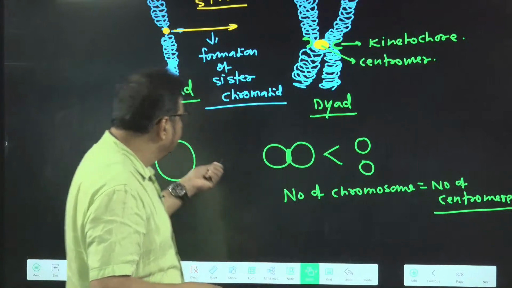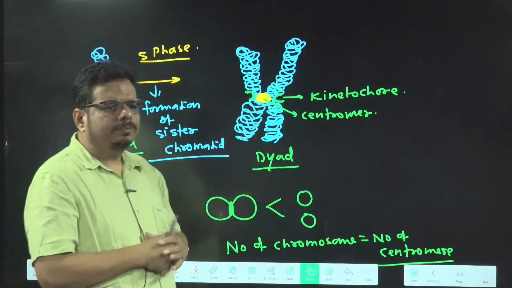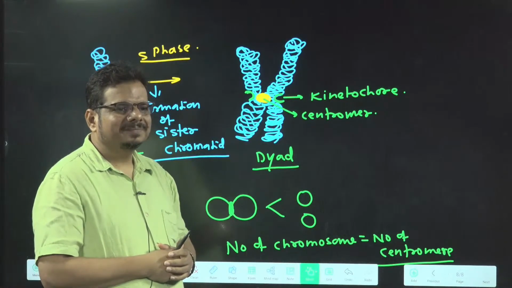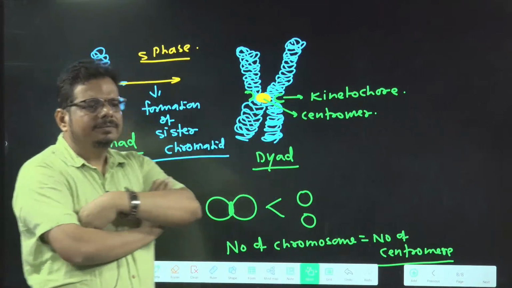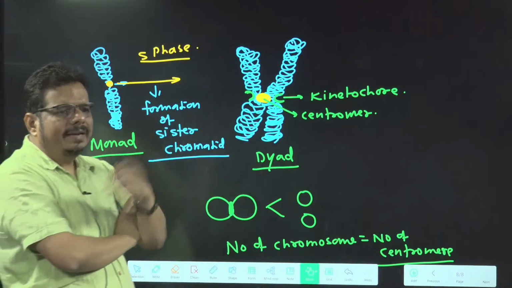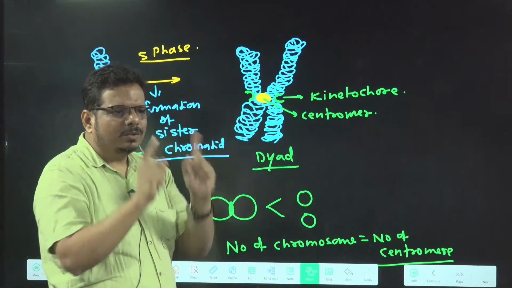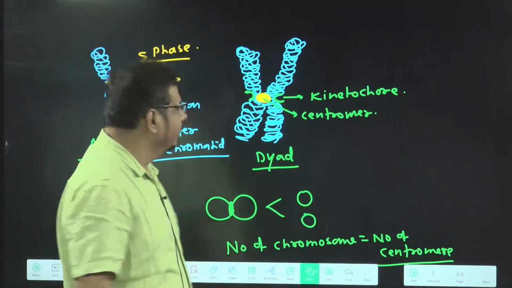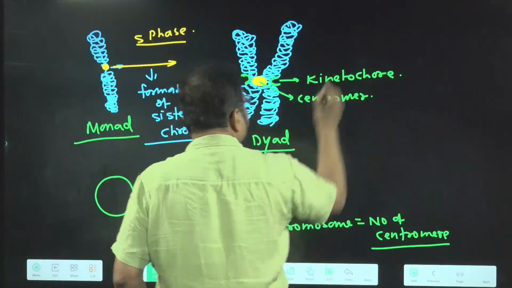Now have a look, dear children. I am asking, in dyad stage, how many chromosomes? In this structure, 1. How many chromatids? 2. Very good. How many DNA? 2. Each chromatid has 1 DNA. Keep in mind, it will help you.